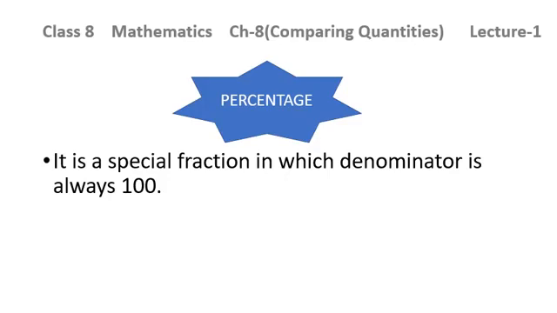For example, if I need to find the percentage of a number, it means I need to find the fraction of that particular number. So percentage is a special fraction in which the denominator is always 100.